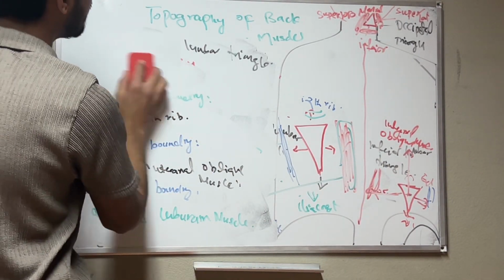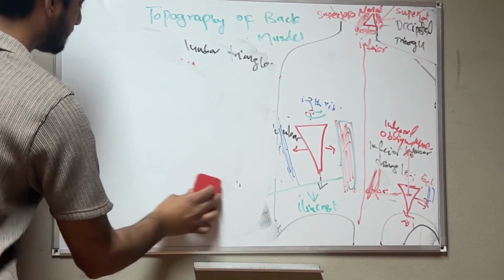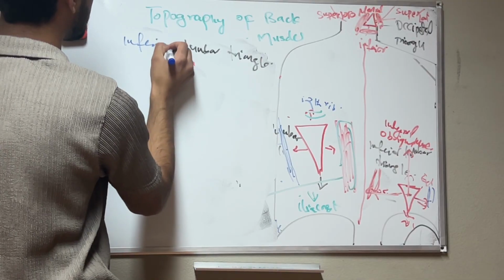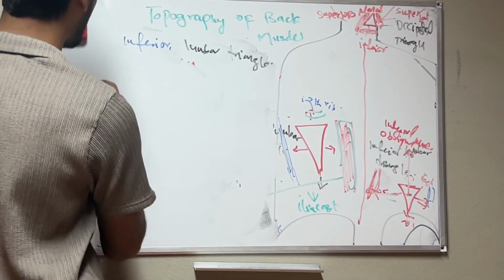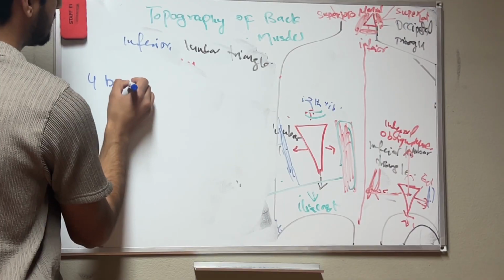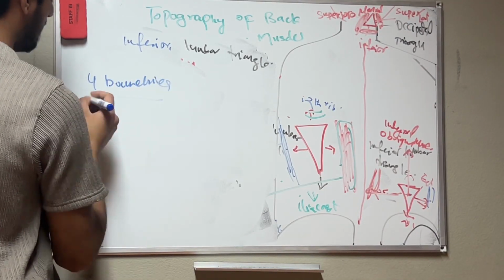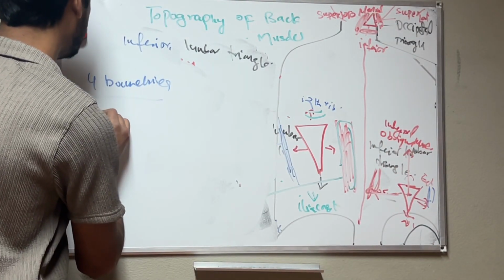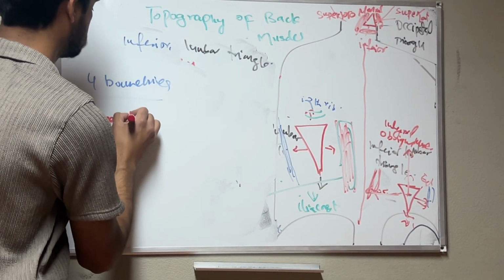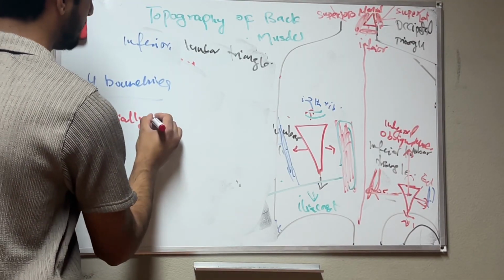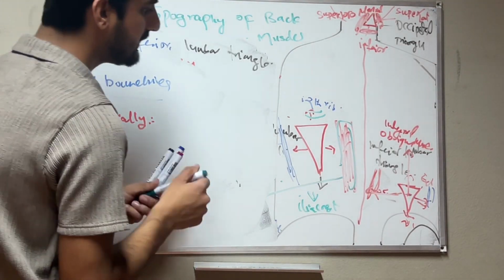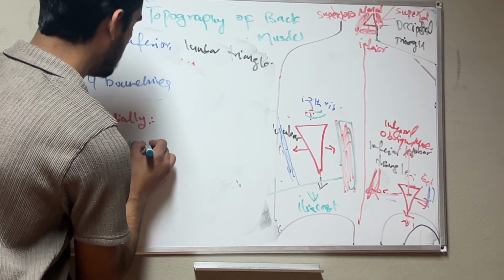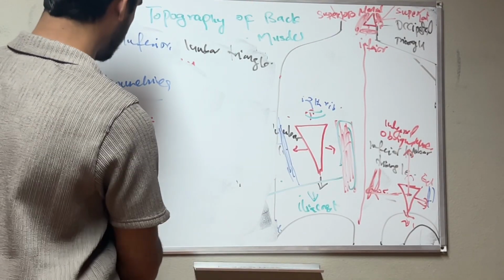Now we will talk about the inferior lumbar triangle. I will write here inferior lumbar triangle. The inferior lumbar triangle also has boundaries. The first boundary, medially: we have the latissimus dorsi muscle, which belongs to the superficial group of back muscles.